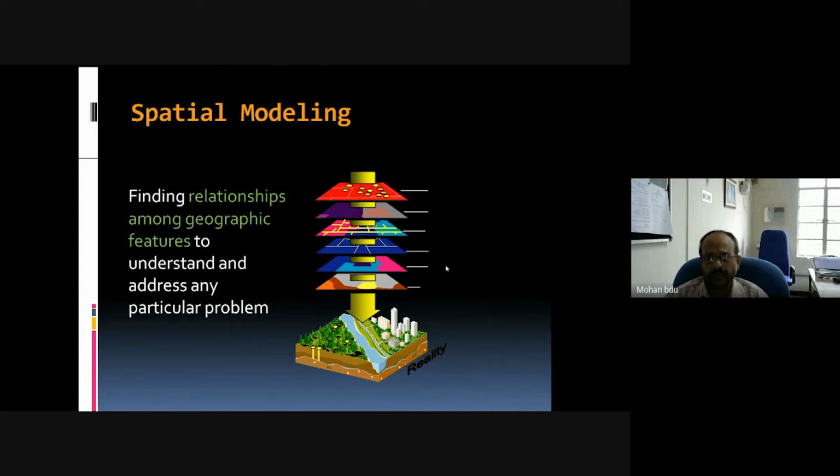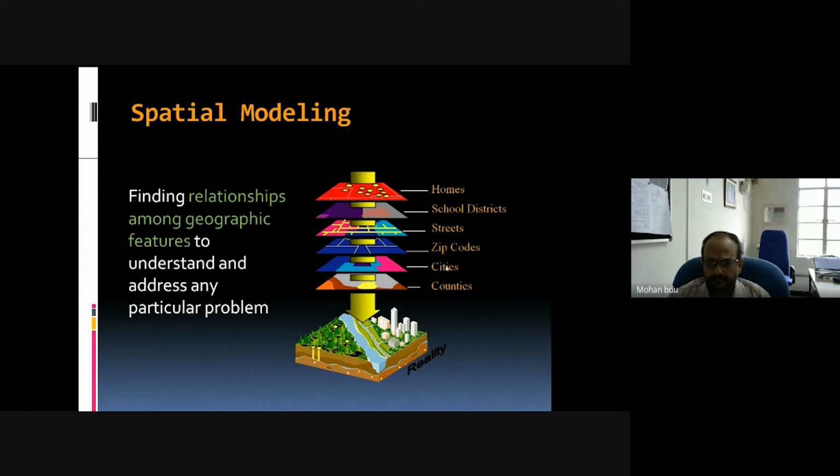For example, we can generate thematic maps for the streets, cities, or water bodies, or even in the case of oceans where algal blooms are available, or within the cities where you have a low-lying area that can be inundated. So such thematic maps can be generated using the spatial data.